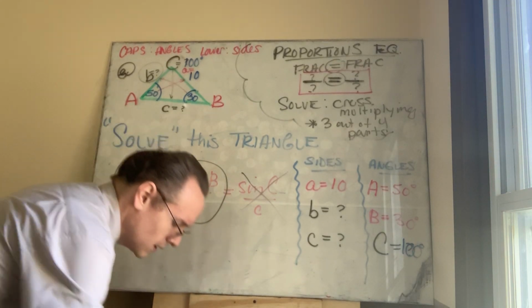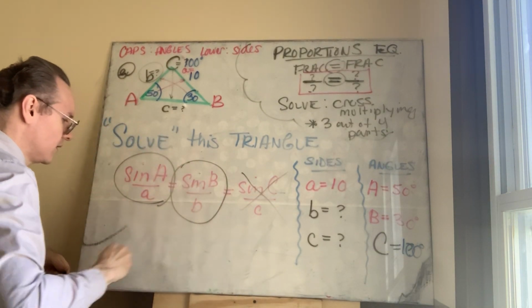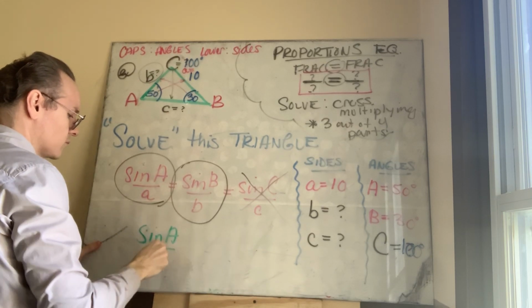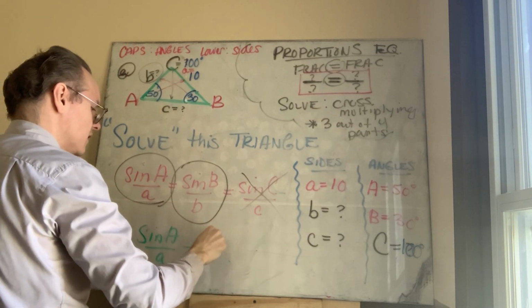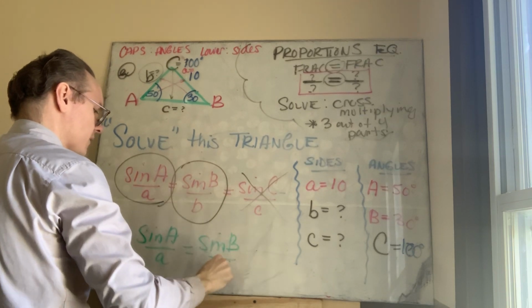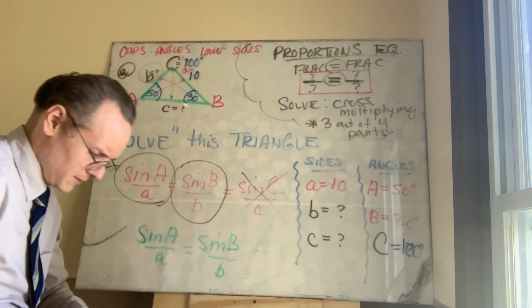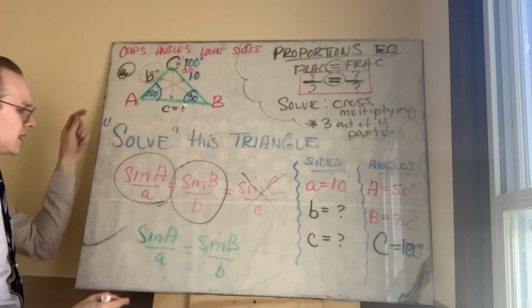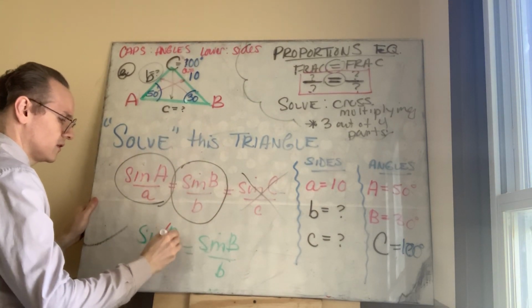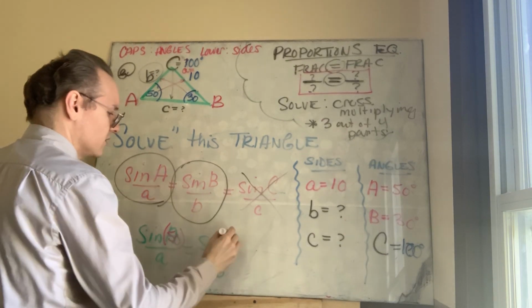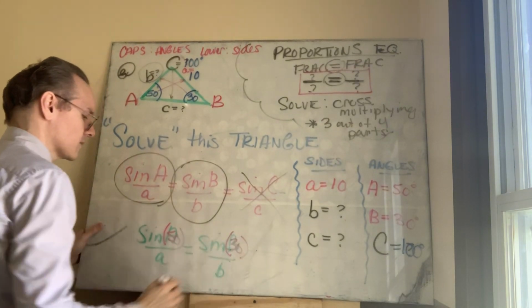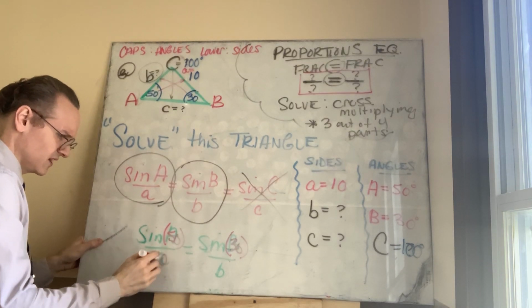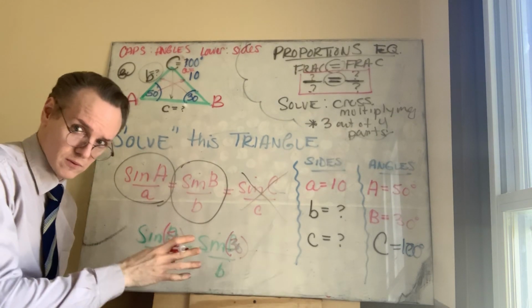So let's do that. We have our simple proportion equation, and we'll substitute the appropriate values. Angle A is 50. Angle B is apparently 30. Side A is 10, and side B is mysterious.